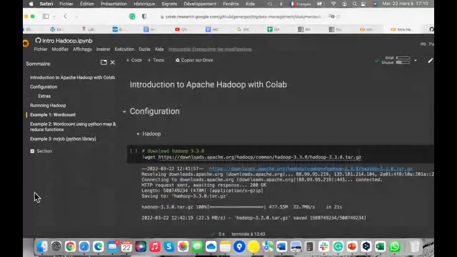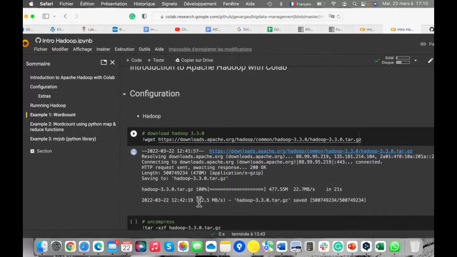Now it works. So please open your notebooks so that we can go back to the past to what we did.